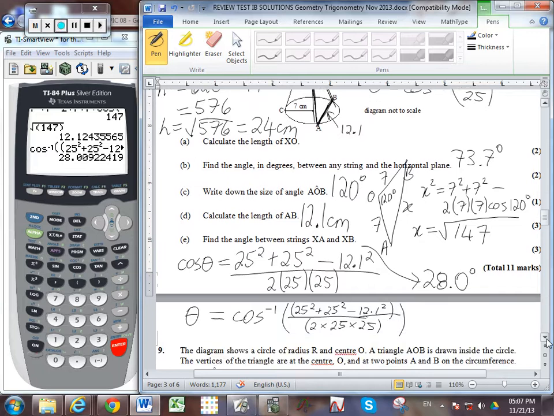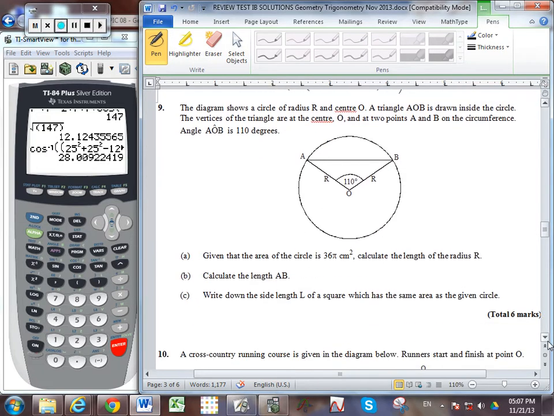Alright, number 9. We've got a circle. We know something about a circle is that the radius is constant everywhere, and so that's going to give us an isosceles triangle, isn't it? If we've got 110 degrees already and we've got an isosceles triangle, that must mean that these two angles are the same.